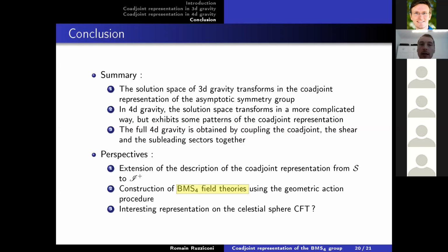And this can be done using this geometric action construction that just requires the coadjoint representation. And this construction was very successful for three-dimensional gravity. So we hope that it will also be interesting in the case of 4D gravity. And finally, it will be interesting to relate this coadjoint representation with the recent investigations on the celestial sphere CFT.